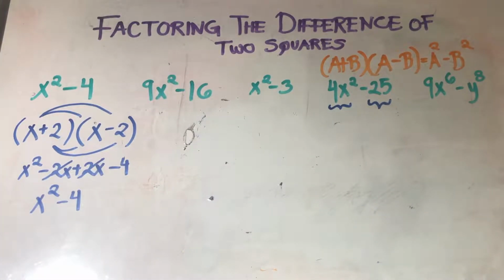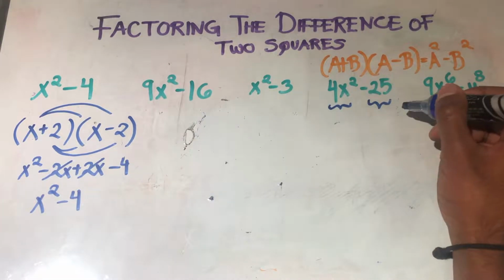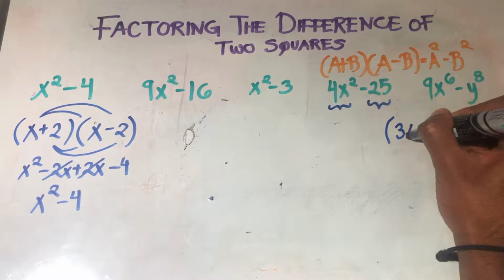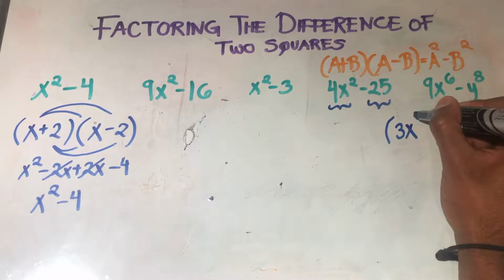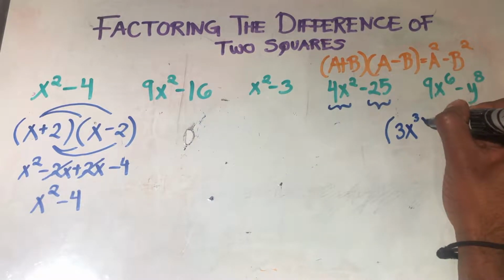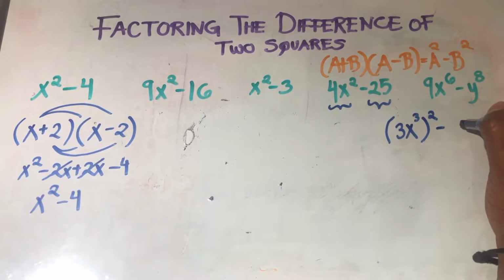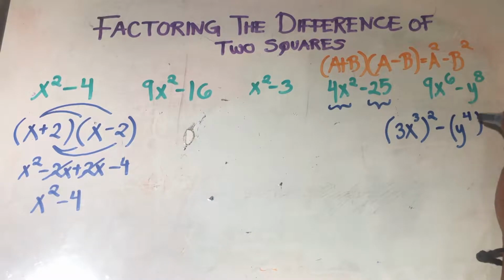Now, in our last example, we have 9x to the power of 6 minus y to the power of 8. This can be rewritten as 3x to the power of 3, squared, minus y to the power of 4, squared.